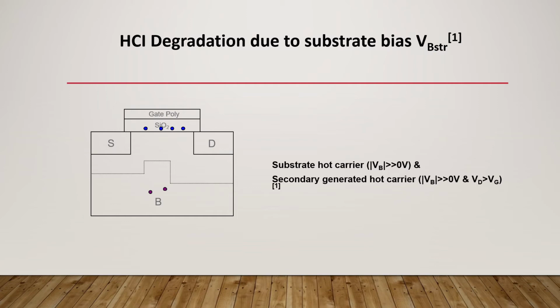The bias condition is again shown here: in addition to VB being extremely negative, you should also have VD greater than VG for this to happen. So this is yet another interesting mechanism for the case where VBS is highly negative in MOSFETs.